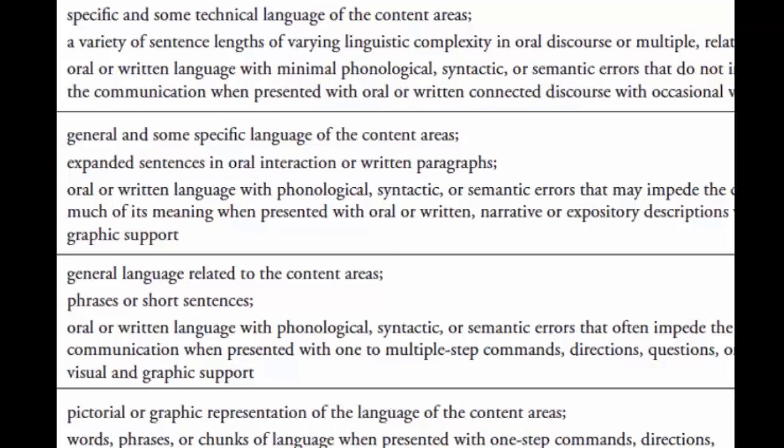They may be able to communicate with expanded sentences in oral interaction or written paragraphs. A Level 4 student will understand specific and some technical language of the content areas. And they'll be able to use a variety of sentence lengths of varying linguistic complexity in oral discourse.